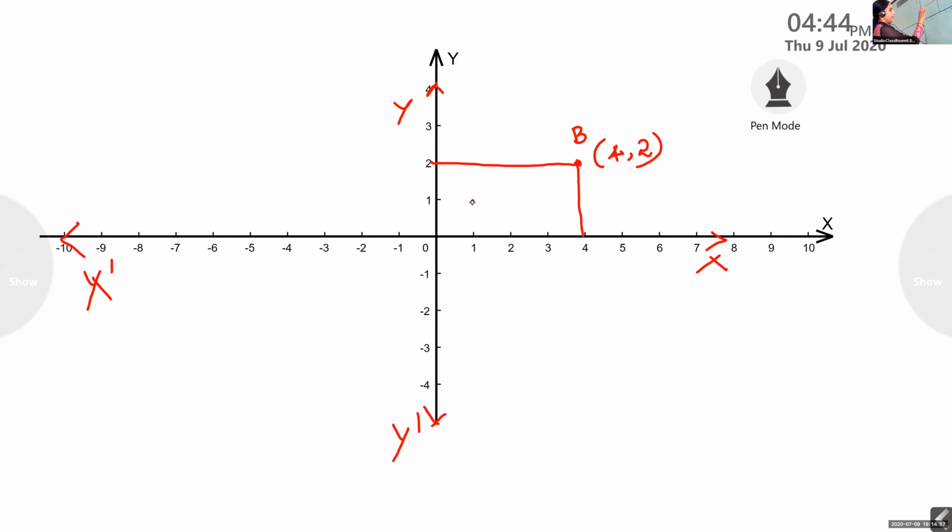This point, it is C. Find out the location of this point. 1, 1. How did you get it? Draw downwards and draw to the left side. And this position is 1, 1.